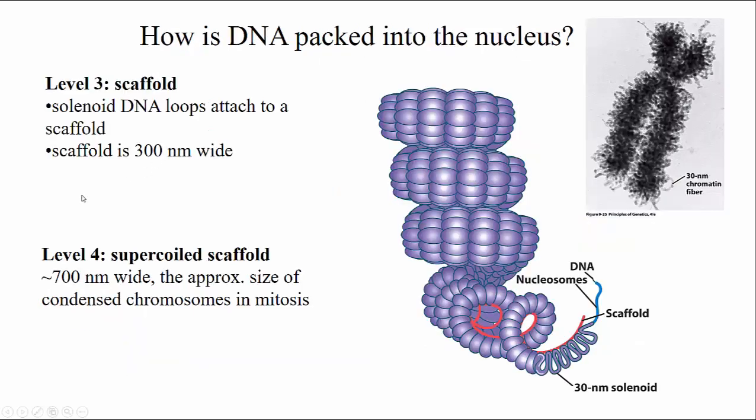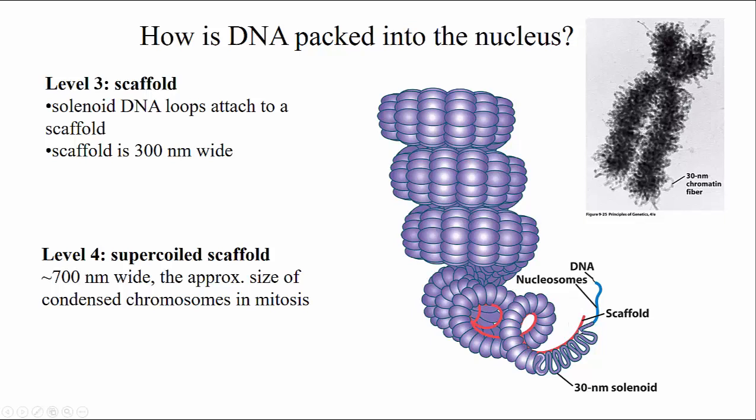After that solenoid level, we now have a third level of organization, which is the scaffold level. And so now the solenoid, that 30 nanometer diameter structure, is just depicted as this purple line. The solenoid attaches at various regions to some proteins that are shown here in red.